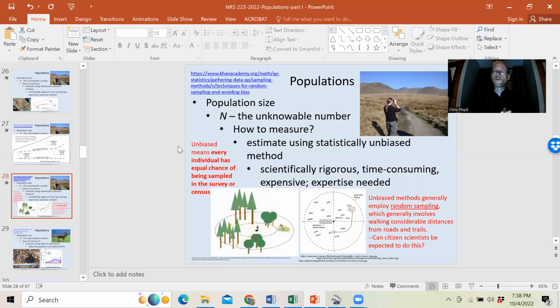One way to think about this is to think about random sampling in humans. How do they get information on polls, for example, trying to figure out who's going to win an election? They sample people. They call them. A lot of times they call landlines. Imagine that. Who has a landline phone anymore? That's a biased estimate of a population, because those are mostly older people. That's not a representative sample.